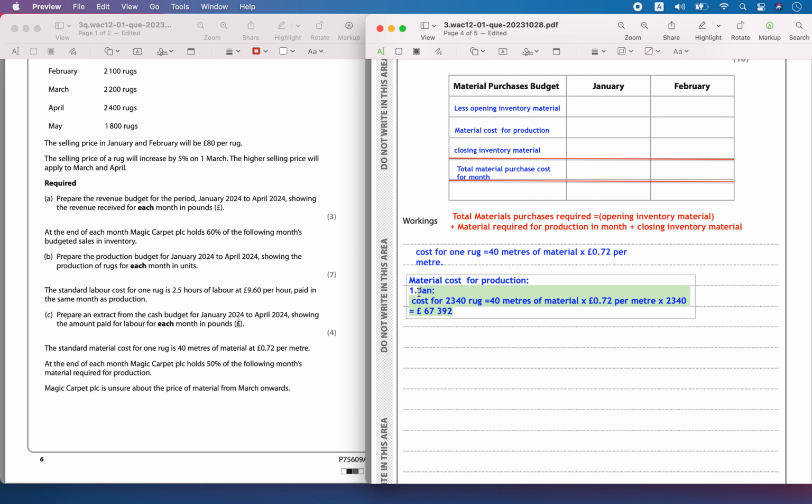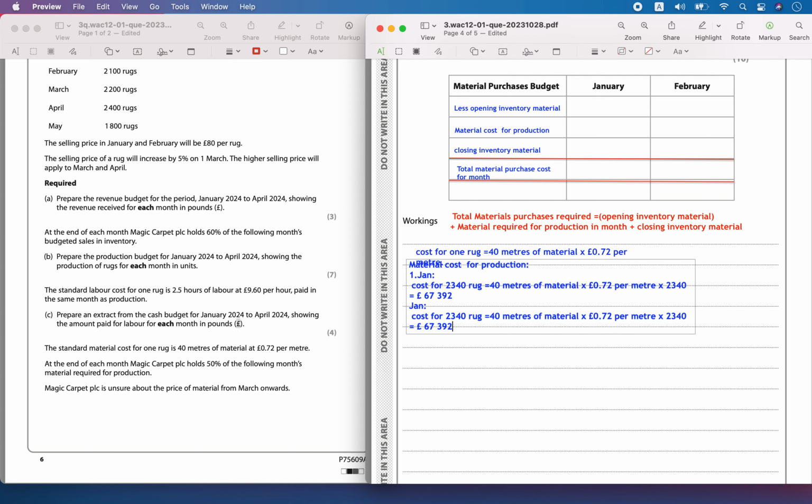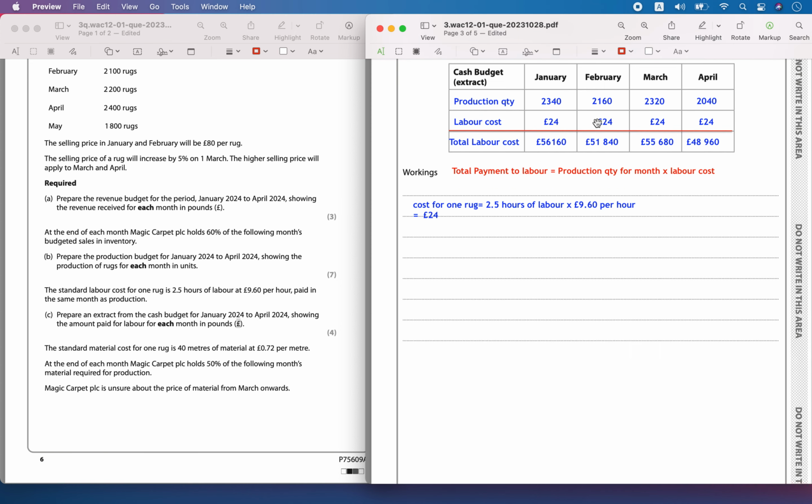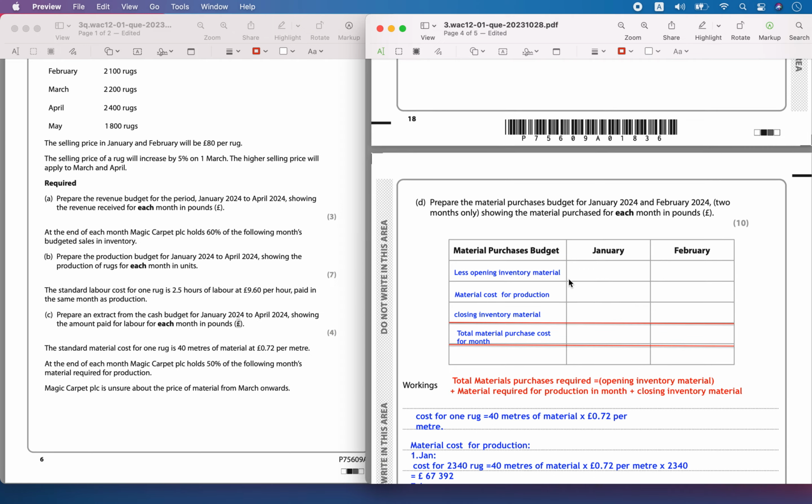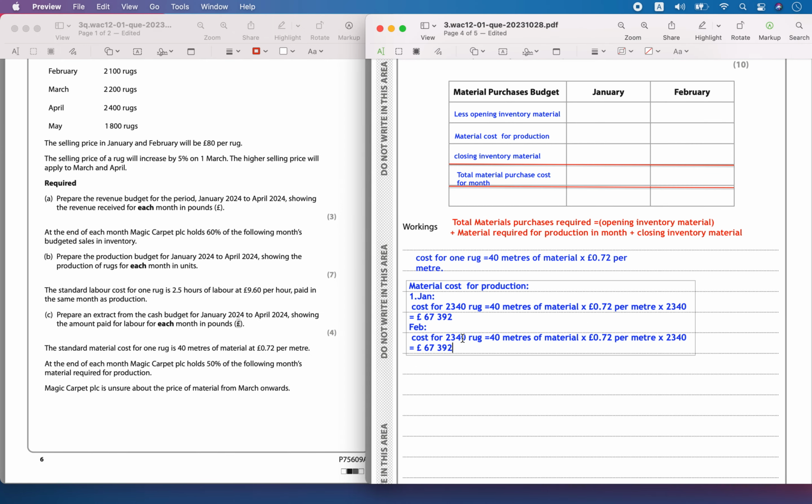This is for Jan, and for February, the amount that needs to be produced is 2160.